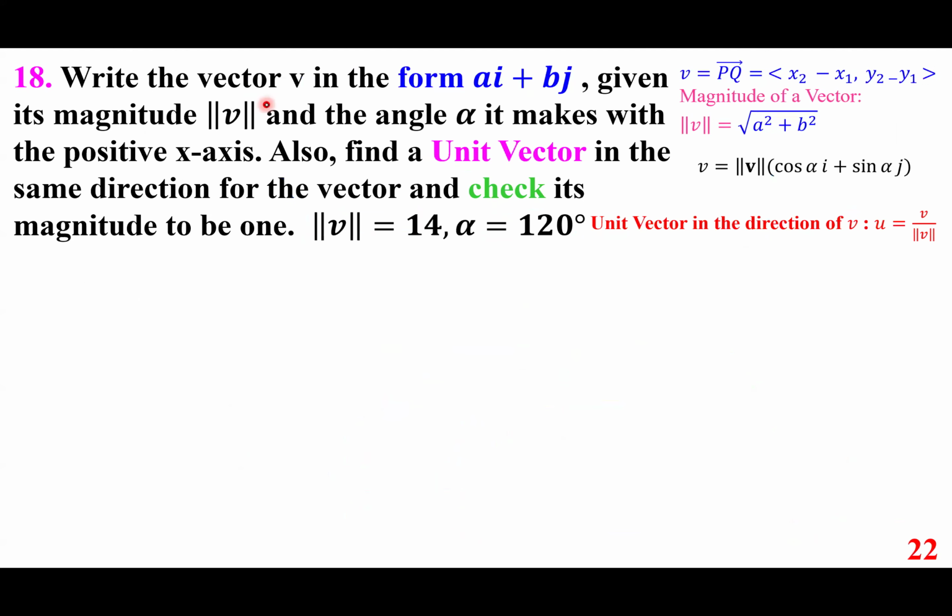Write the vector v in the form ai plus bj, given its magnitude and the angle alpha it makes with the positive x-axis. Also find the unit vector in the same direction for the vector and check its magnitude to be 1. We know the given vector has a magnitude of 14. Alpha is 120 degrees.